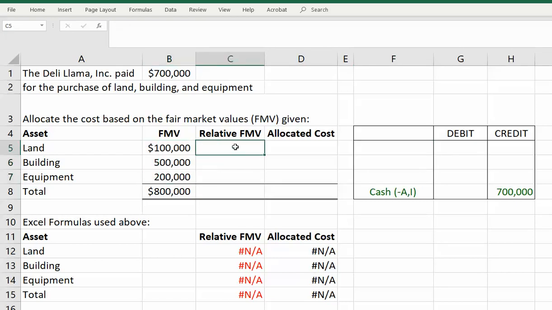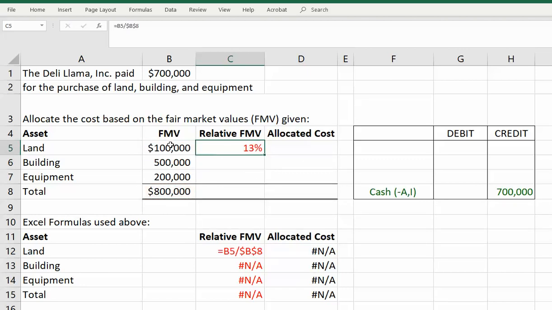So here we go. You take the fair value of the land, and divide it by the total fair value. I'm going to put dollar signs before and after the 8, that way I can just copy the formula down.